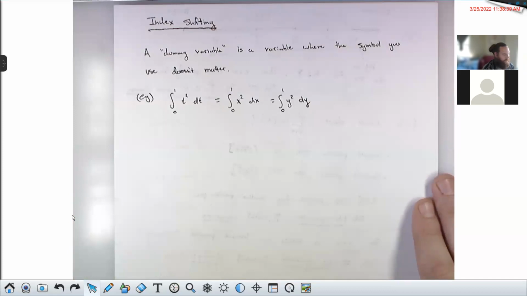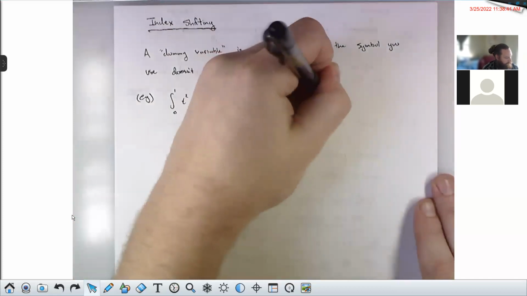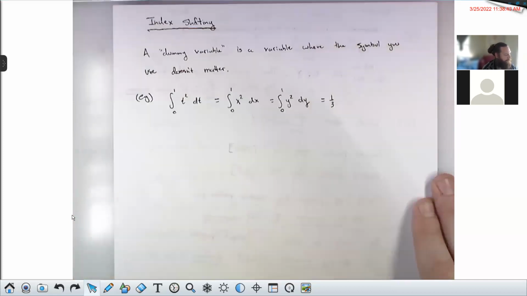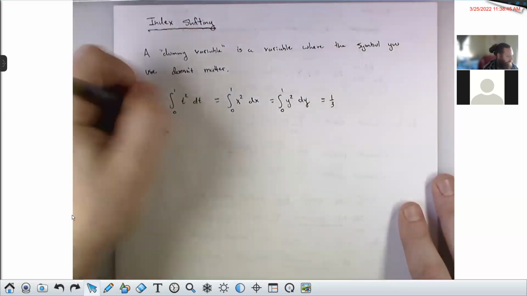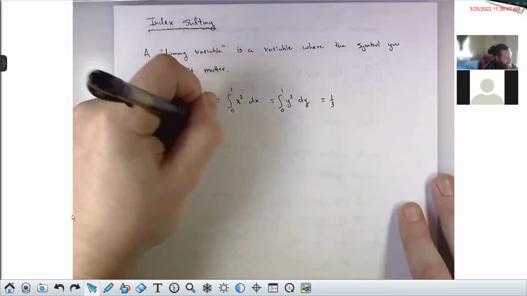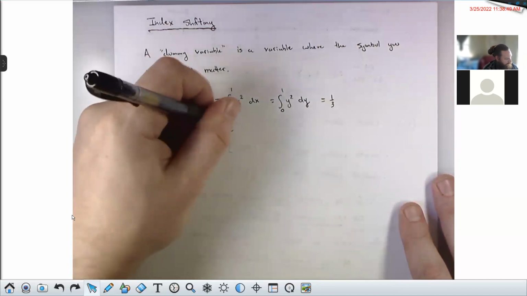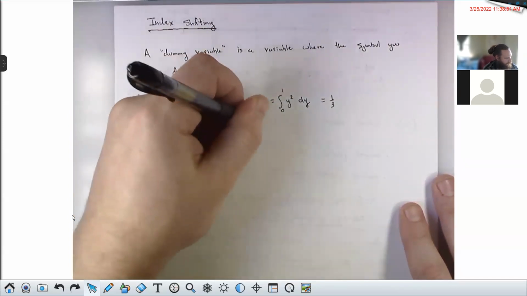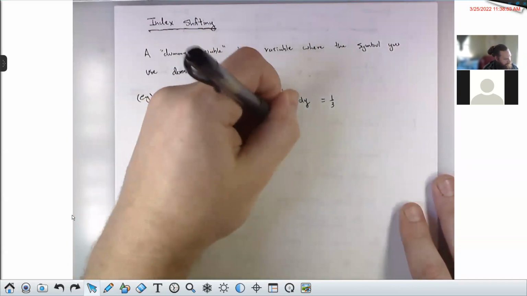So these are all dummy variables. All of these things are equal to 1/3. So here, t, x, and y are what are called dummy variables.